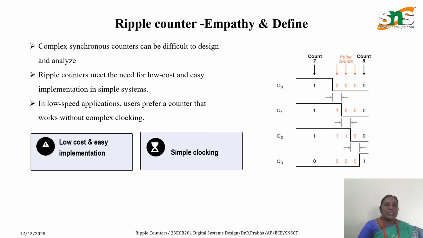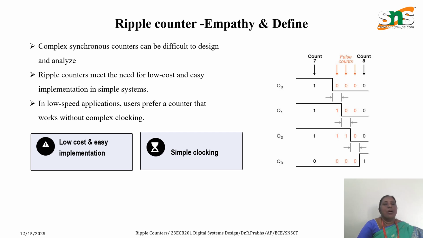But in asynchronous counter, only the first flip-flop receives a clock pulse, and the next flip-flop is operated by the previous flip-flop output. So each flip-flop output acts as a clock signal for the subsequent flip-flops. So this is the ripple counter or asynchronous counter.